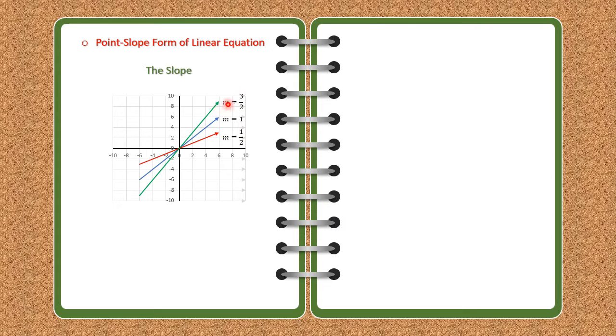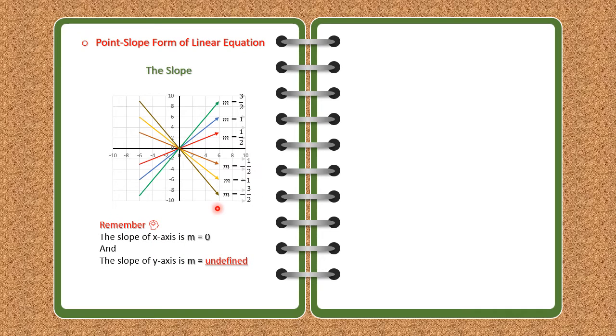What if it is negative? If it is negative, like this one here, m equals negative 1, it will give you the angle here of negative 45. And also you can see if it is less or more than negative 45, the angle will be smaller or higher than negative 45. This is a good indication.